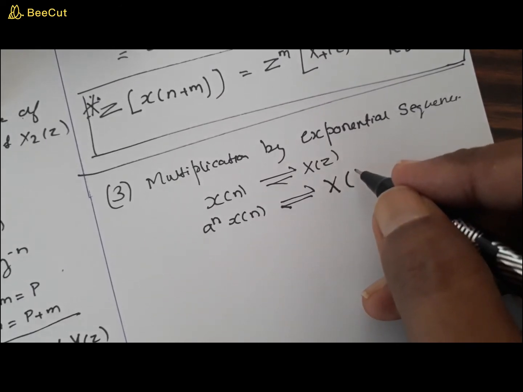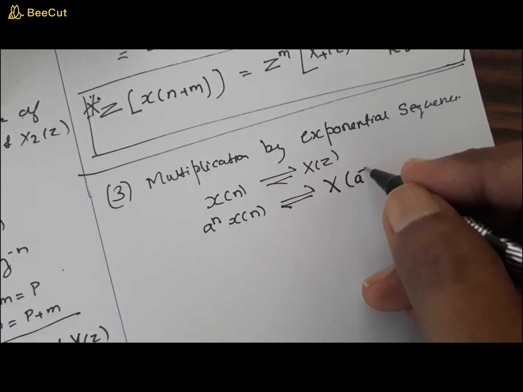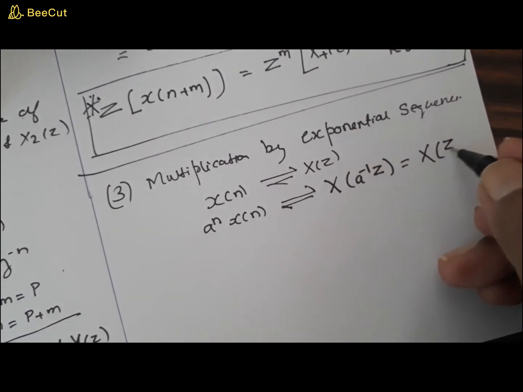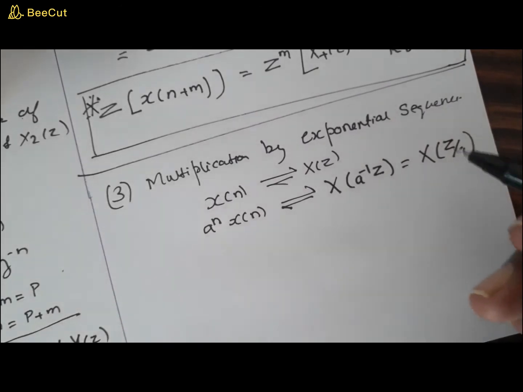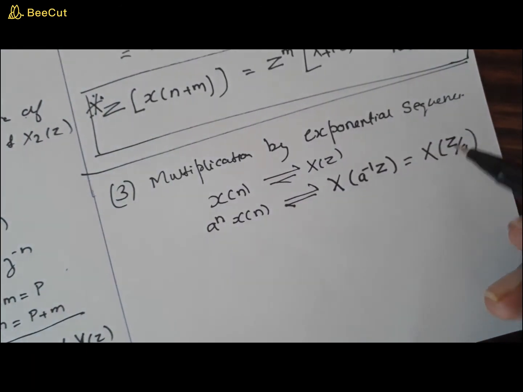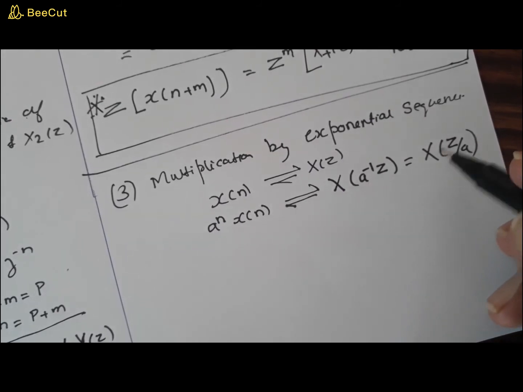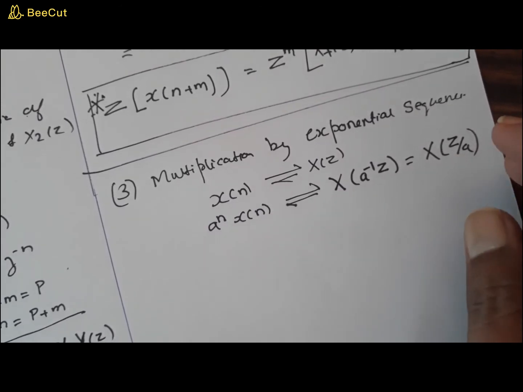The answer is x of a inverse of z, or x of z by a. What is the meaning of that? A inverse of z is z by a, and this is called frequency scaling. So it gets scaled, and this will be x of z by a.